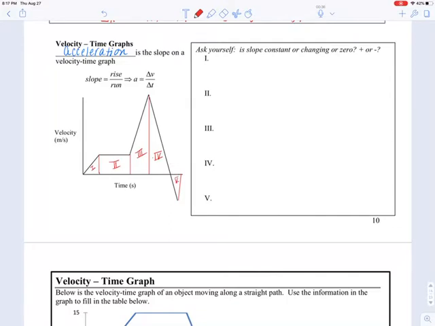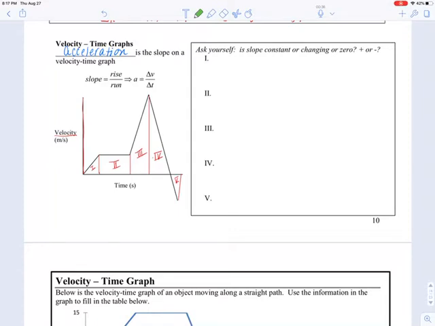All right, so again, remember, to describe the velocity here, we're going to describe the y-axis. The y-axis is the velocity. Okay, to describe the acceleration, we are going to describe the slope of the line.